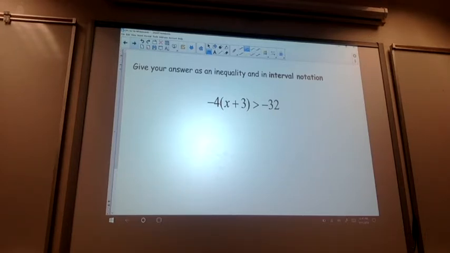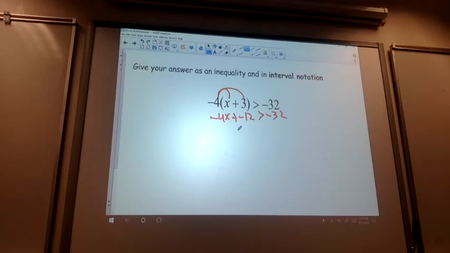So there's push here. Yep. So where it be negative? Yeah, so what, negative 4x? Good. And then negative 4 times positive 3 is? Is it positive or negative 12? Negative 12, good. Okay, you got plus negative 12. I like it. So how do you move plus negative 12 over?